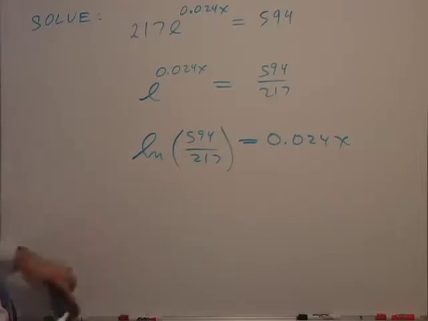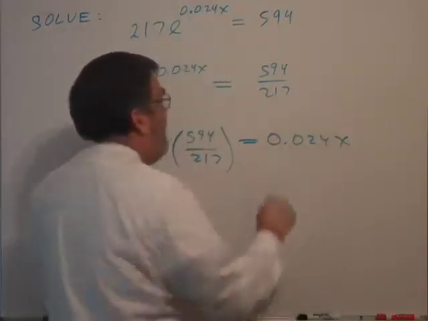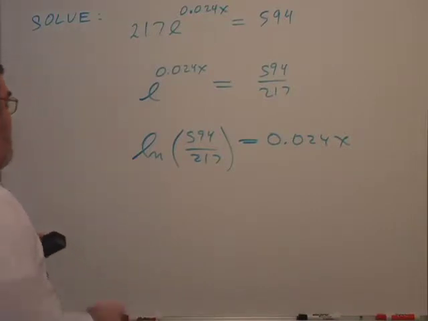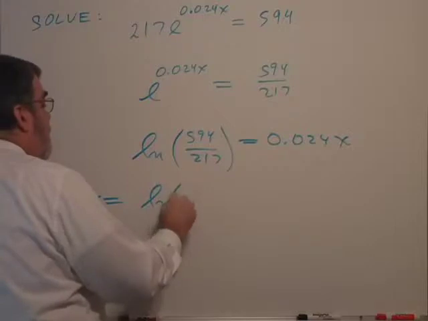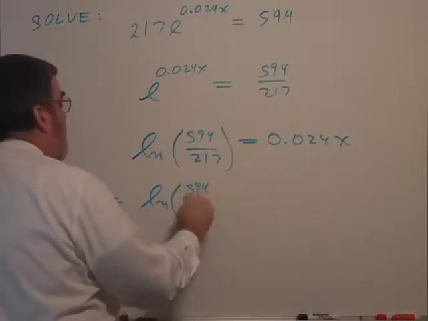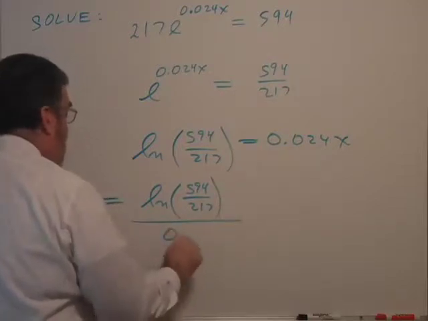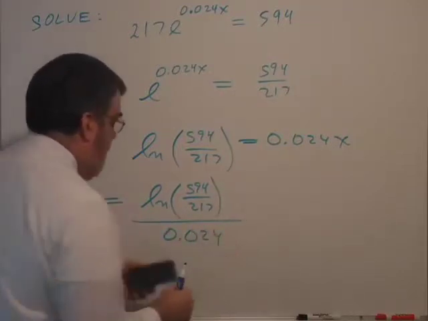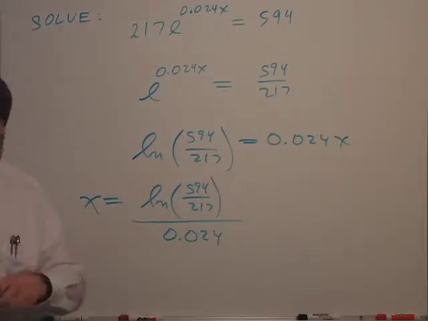To finish, I need to divide both sides by this coefficient, 0.024. So x equals the natural log of 594 over 217 divided by my coefficient, 0.024. Now we've solved for x. Let's punch the numbers in.